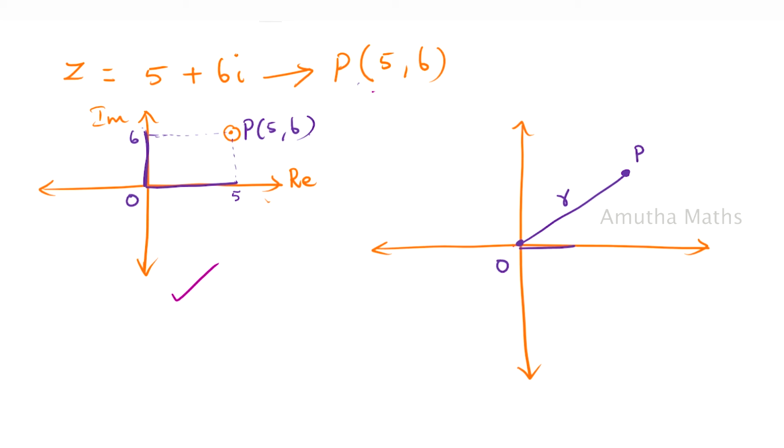இந்த x ஆக்சிஸ்ல இருந்து, from the real axis, நம்மளோட லைன் OP எவ்வளவு ஆங்கிள் மேக் பண்ணுது x axis ஓட.